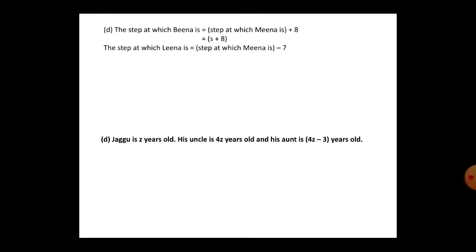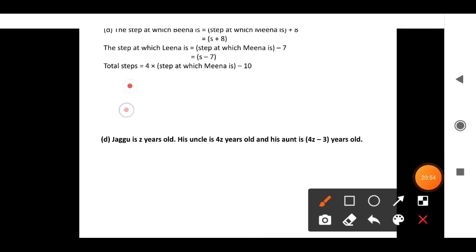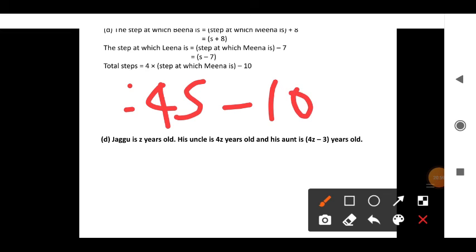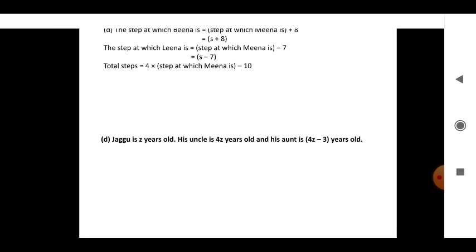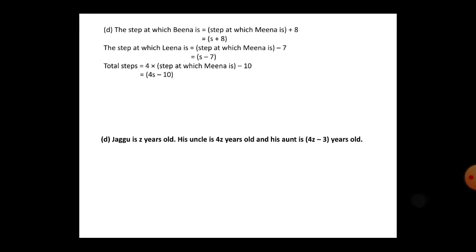The step at Leena is behind, so s minus 7. And total step is 4 times the step at which Meena is, 4s, minus, less 10, so 4s minus 10 total step. You understood, children?